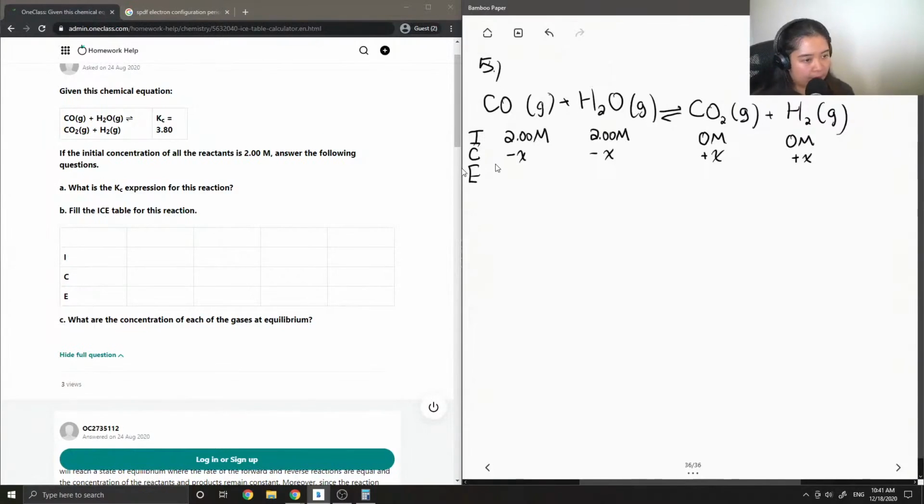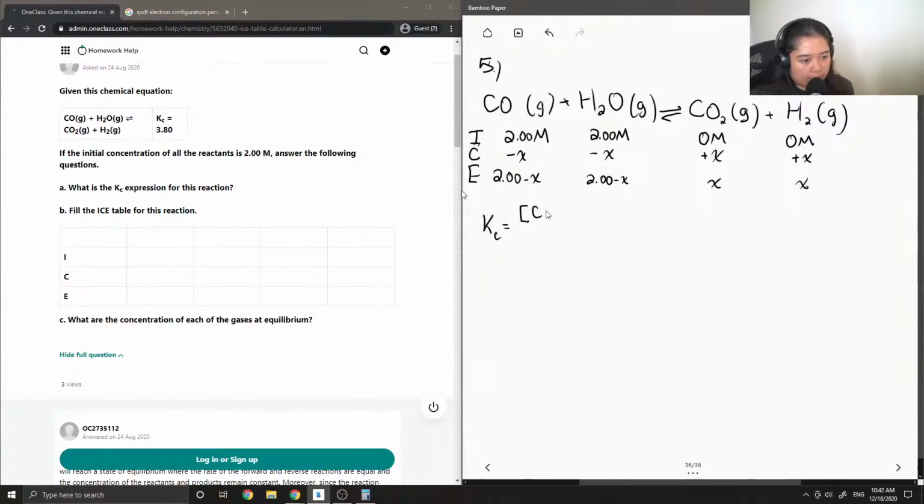And now we write the equilibrium expression, which for the reactants would just be 2 minus x, and then our products will just be equal to x. Okay, so now I'll write down the expression of Kc, which is our equilibrium constant.